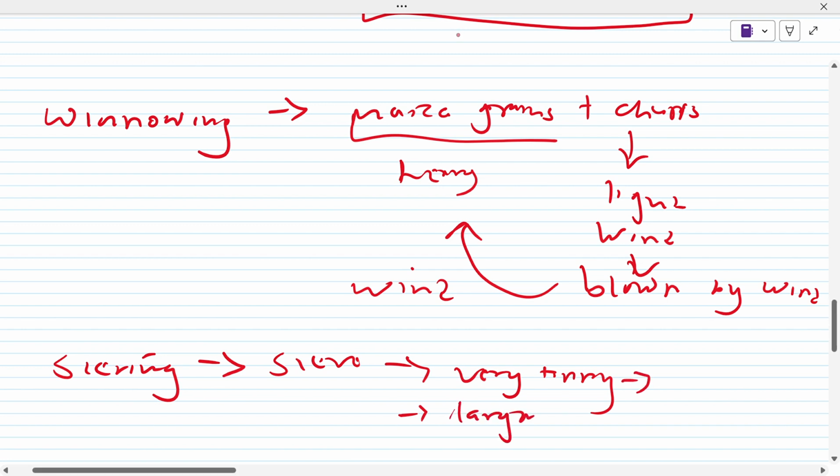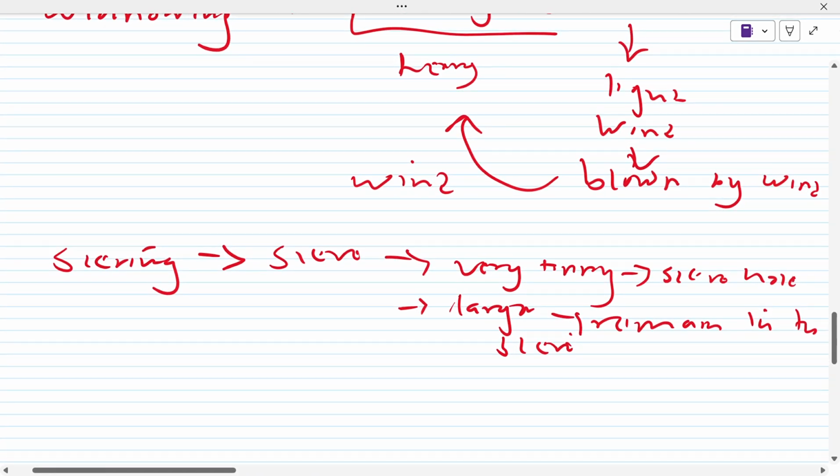So the small ones will pass through the sieve holes, but the larger ones will remain in the sieve. So when such happens, we can separate our solid mixtures very well.